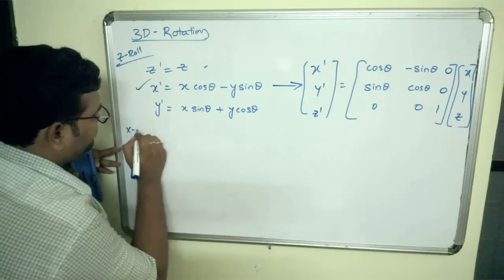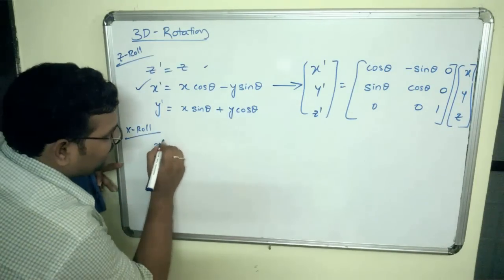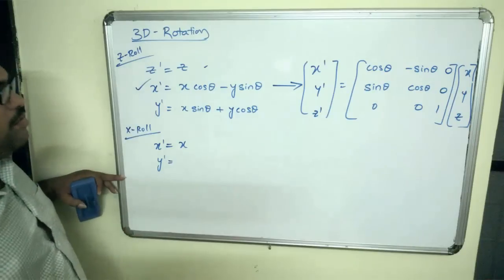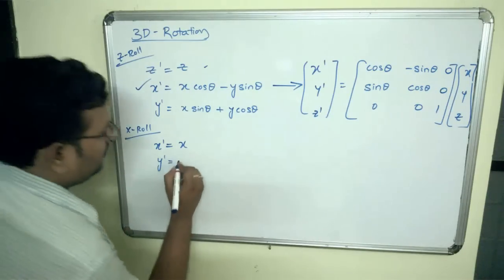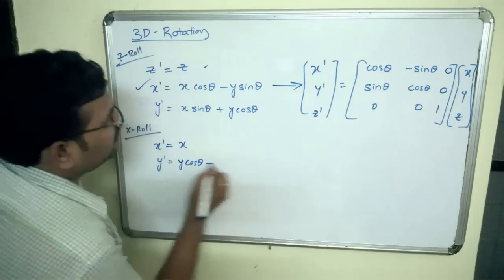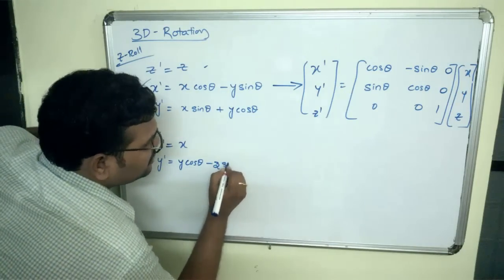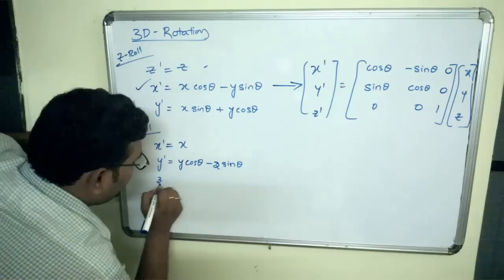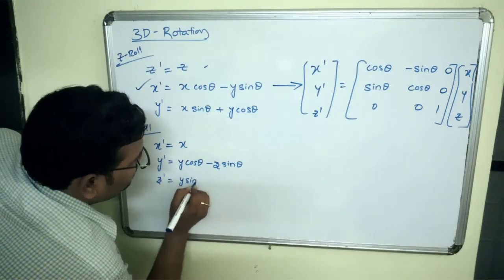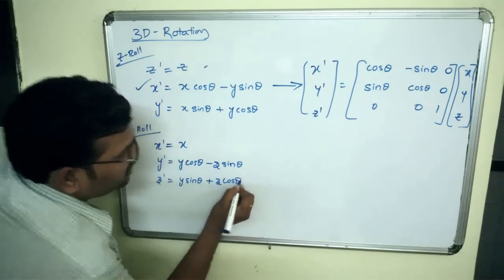And for X rot, X rot means X dash is equal to X, and Y dash is equal to Y cos theta minus Z sin theta. Z dash is equal to Y sin theta plus Z cos theta.